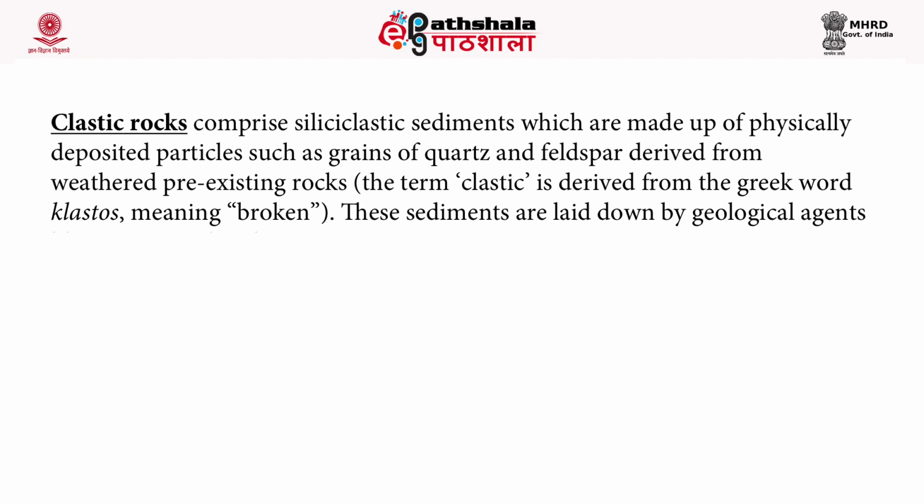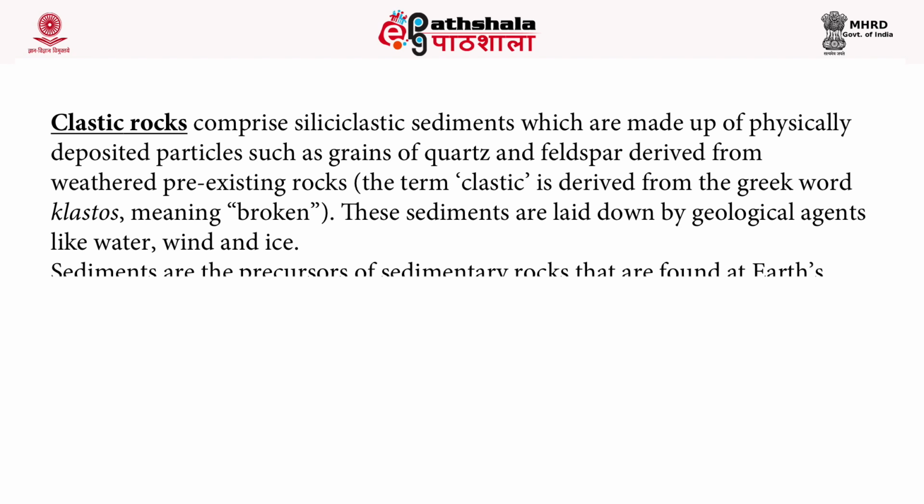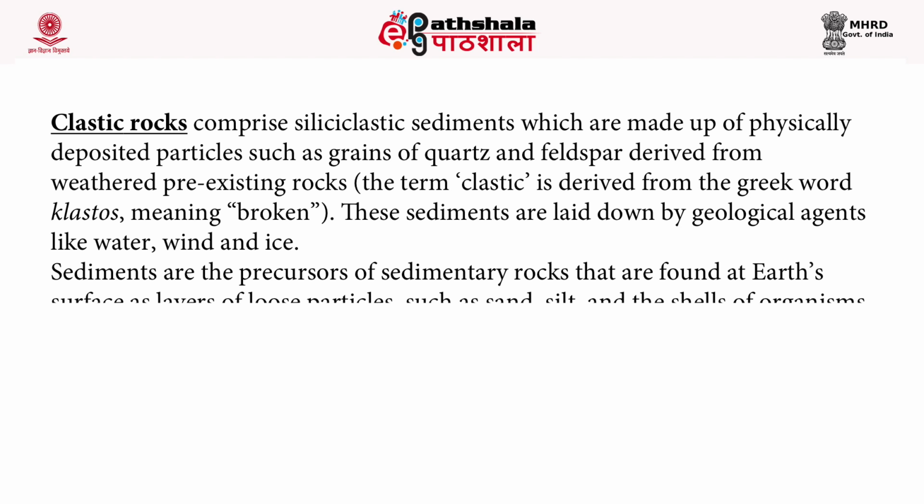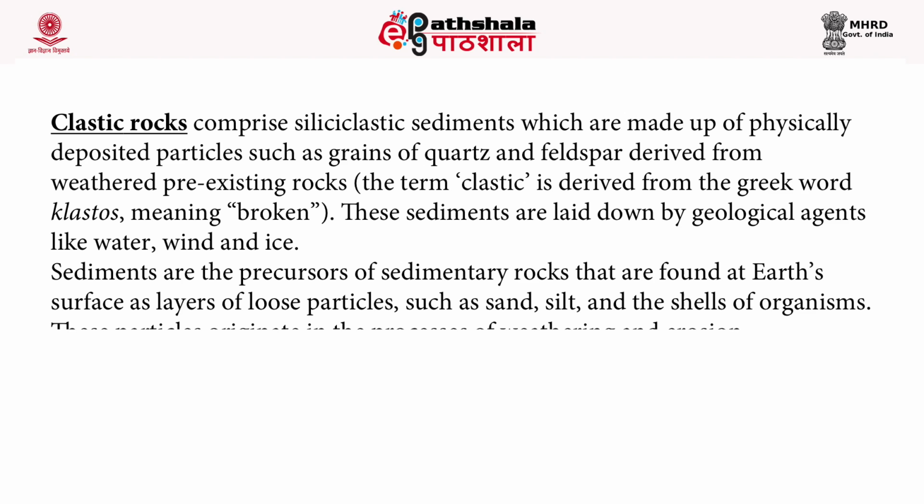These sediments are laid down by geological agents like water, wind and ice. Sediments are the precursors of sedimentary rocks, and they are found at the surface of the earth as loose particles such as sand, silt and shells of organisms. These particles originate in the processes of weathering and erosion.